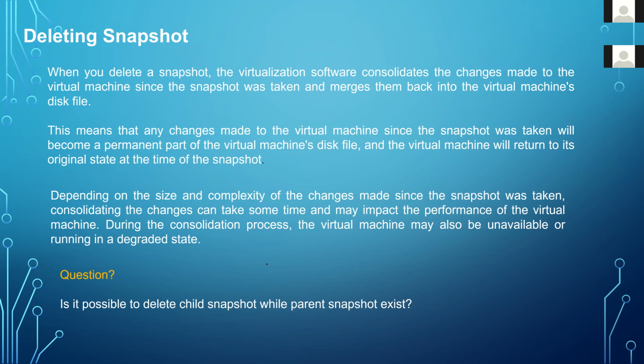I will show it to you in the lab as well. And it depends on the data size of the snapshot. If the snapshot is big, it will take a long time to delete and merge, and it will also impact storage performance.